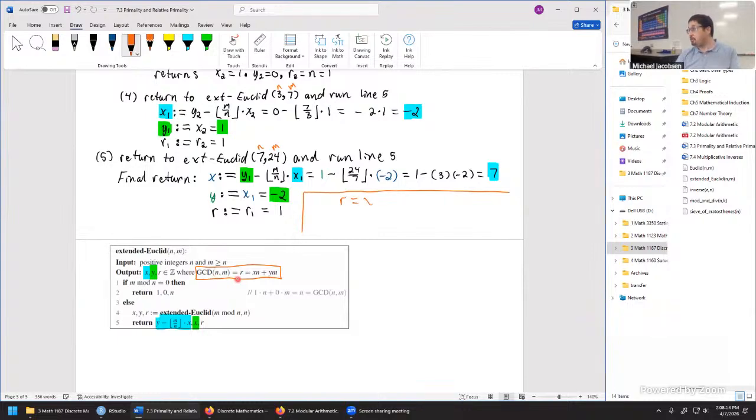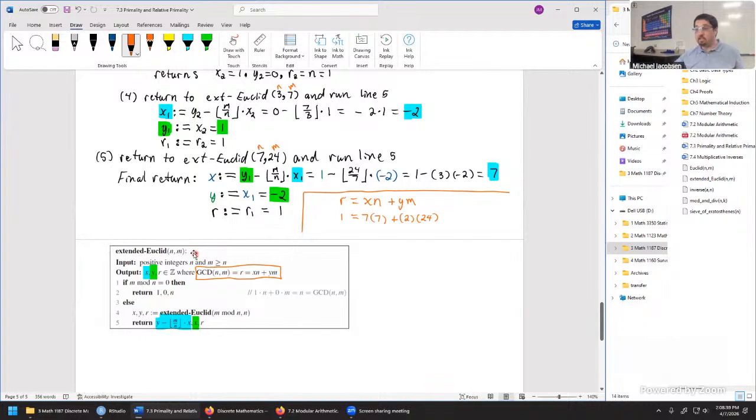So r must be equal to x times n plus y times m. R in our problem is a 1, must be equal to 7 times n, and n was 7, plus y times, y is defined to be -2, times m, which is 24.